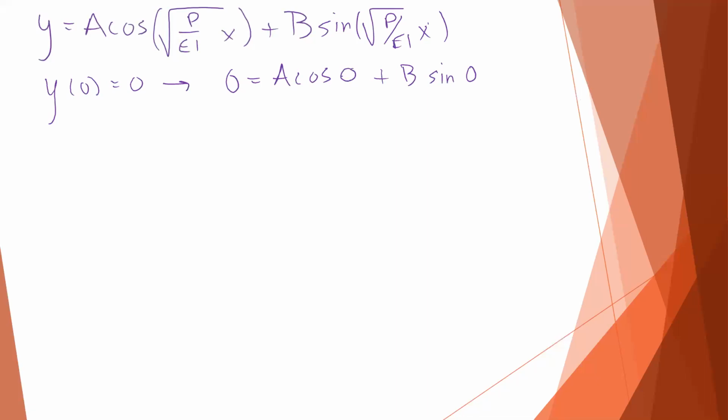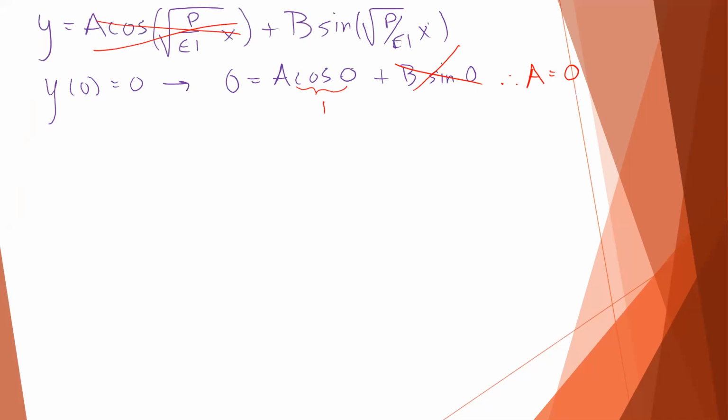So this term is nullified. Cosine of 0 is 1, therefore A equals 0. So this first term in our deflection equation is part of the general solution to an ODE, but it's not a part of this specific solution.